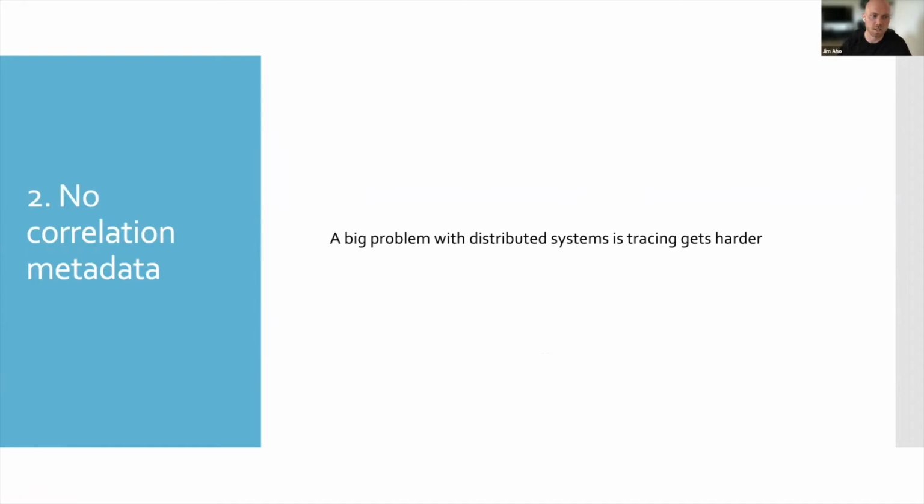Second one is no correlation metadata. One of the problems with distributed systems is that tracing is harder. The good thing with the monolith is that you usually have a stack trace if something blows up, but with distributed systems, you don't have that.